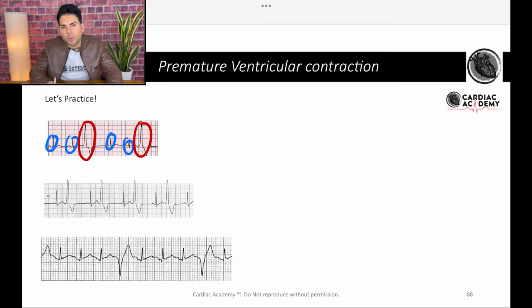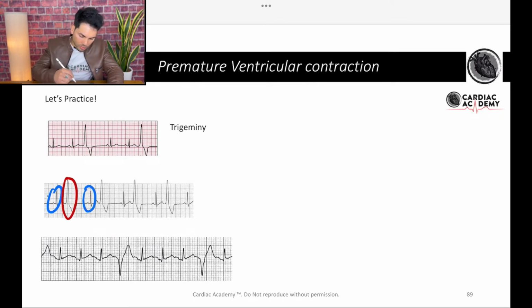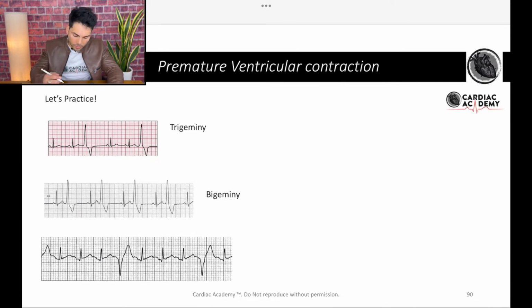What is this called? What do you think? In this case, it's called trigeminy, okay? Very good. Let's see the next example. In this case, we see normal, PVC, normal, PVC. What is this called? That's right, bigeminy, okay?